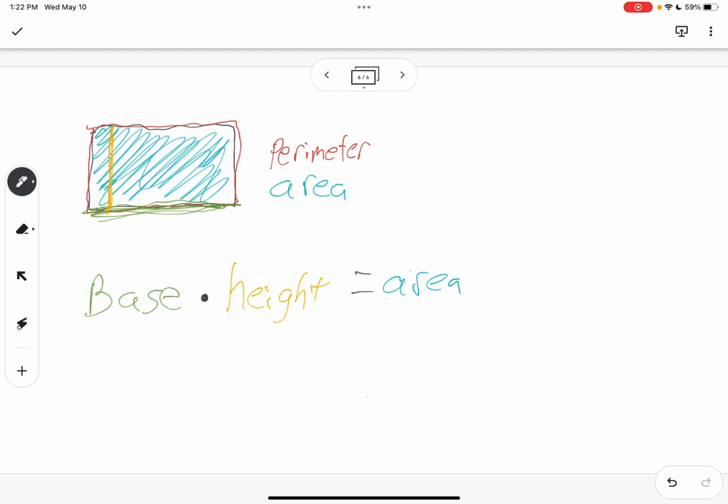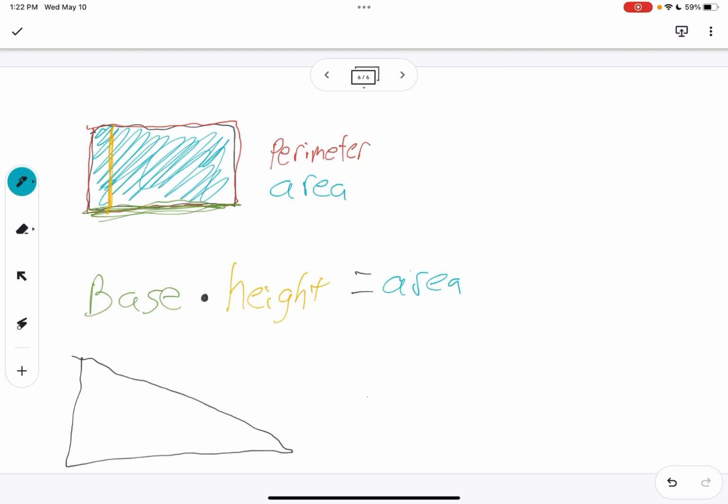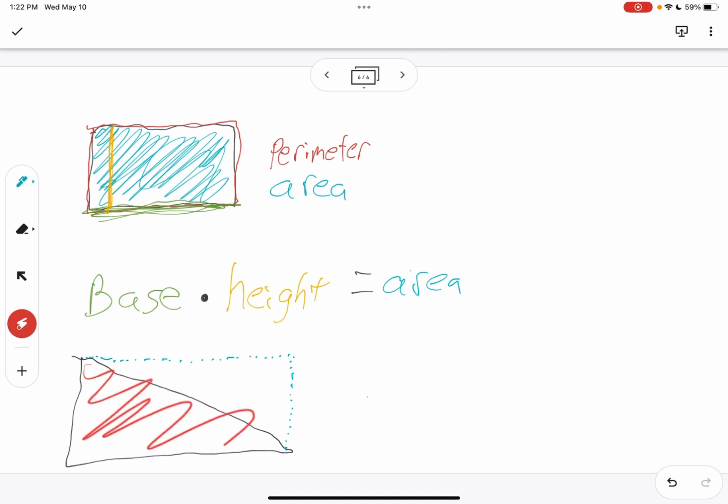Okay, now remember what we talked about is that when we're looking at a triangle, it is half the size of a rectangle. See, here's a dotted line. So you can see that that triangle is half the size of a rectangle.